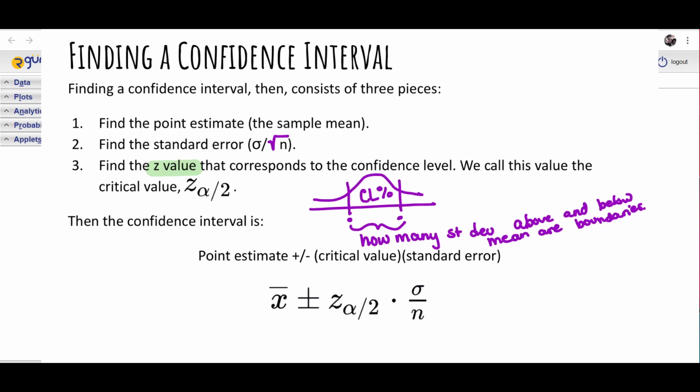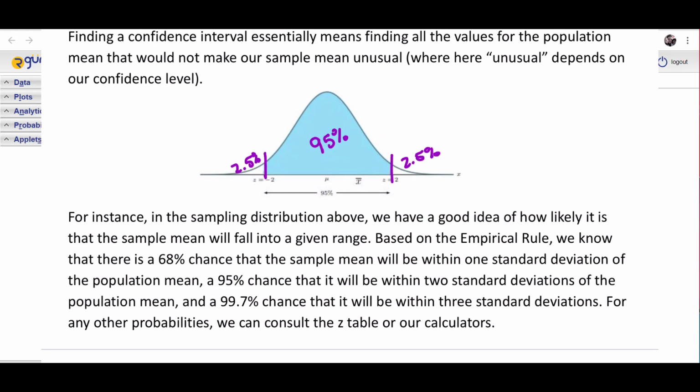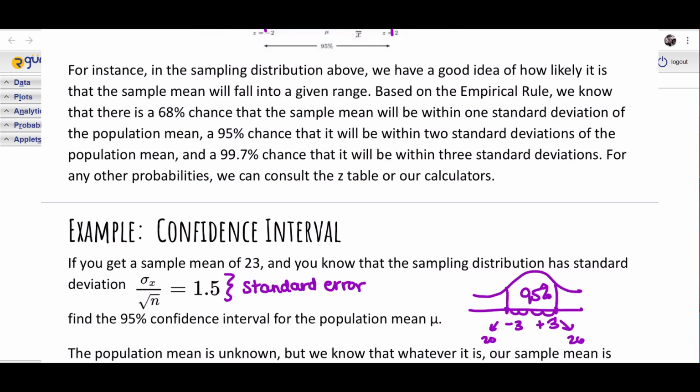But basically what I'm telling you here is, if you find the z-scores for, let's say, the center 95%, the z-scores for those are -2 and +2, because it's telling you how many standard deviations above the mean it is, going up 2 standard deviations, and then how many standard deviations below the mean, going down 2 standard deviations, so that would be -2.